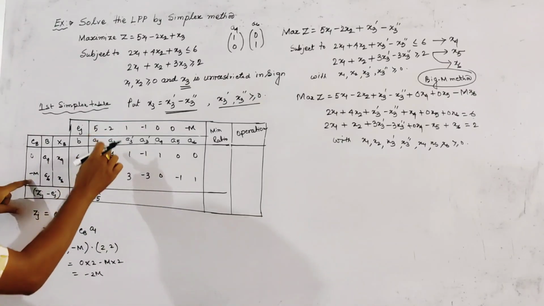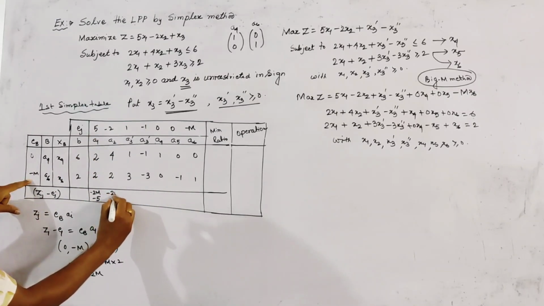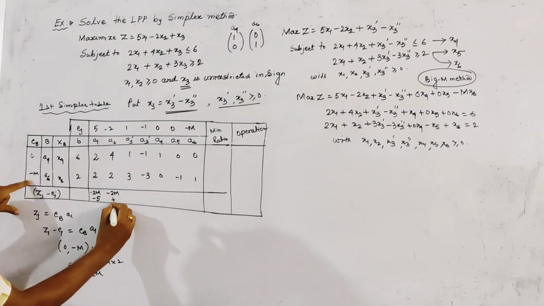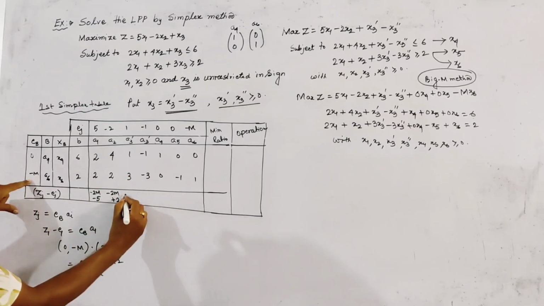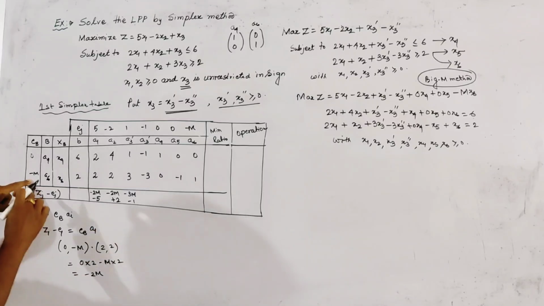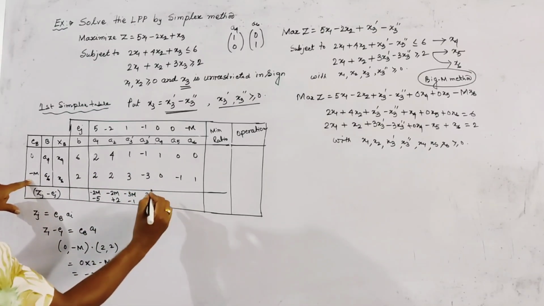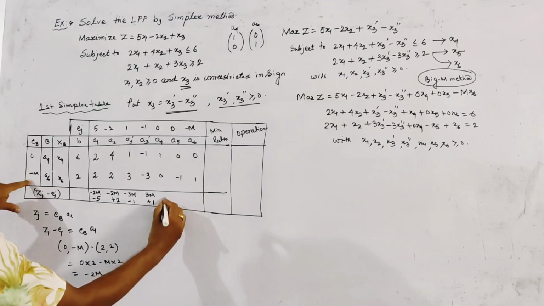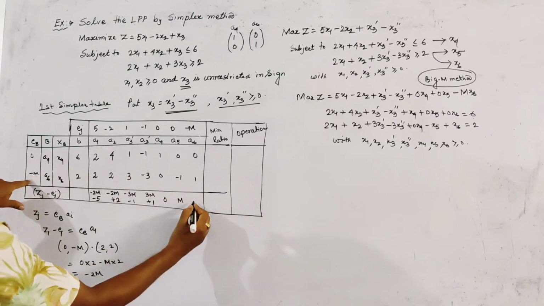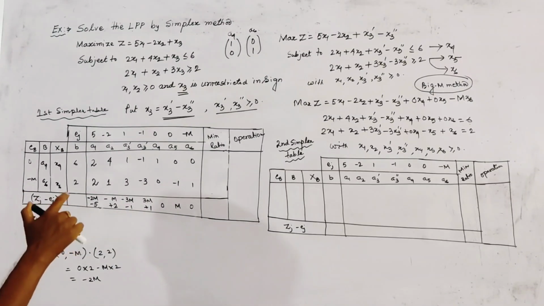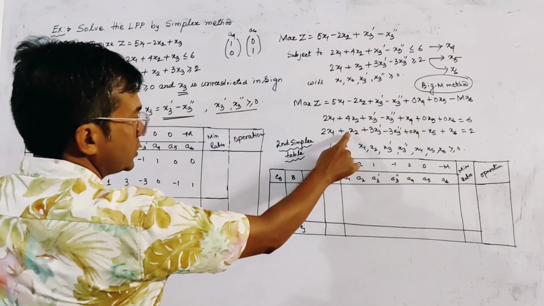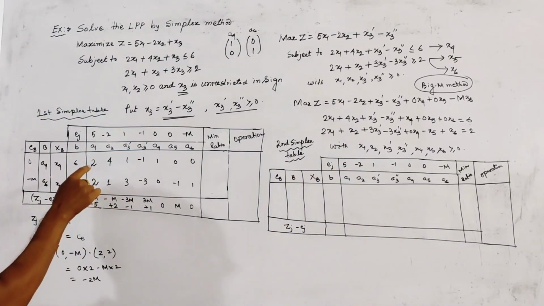And similarly for the second column, this is minus 2M plus 0 plus 2, this is minus 3M minus 1, and this is 3M plus 1, this is 0, this is M, and this is 0. Okay, and we make a small correction here. We write here 1 because the coefficient of x2 is 1. We wrongly wrote it, it was 2 previously.